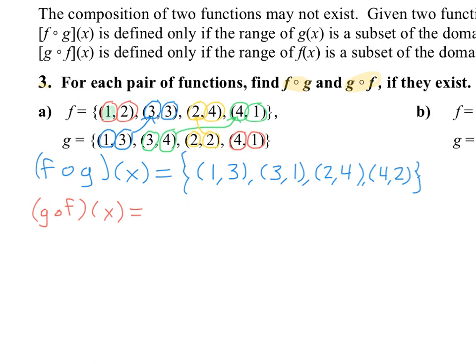So if I start at 1, 2, now I'm looking for a 2 in the x's for the g points. So that takes me here, which takes me here. All right, where did we start? We started at 1, and we ended up at 2.